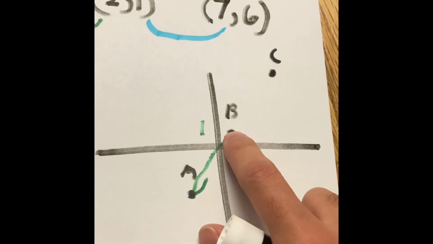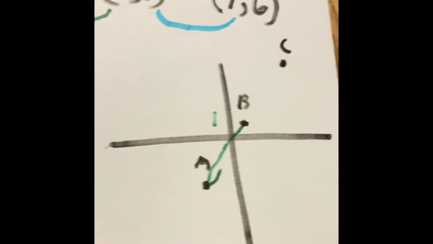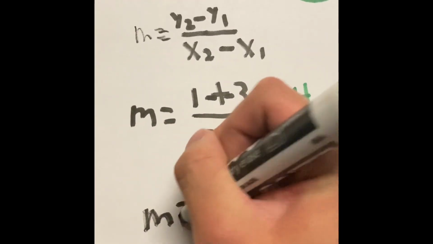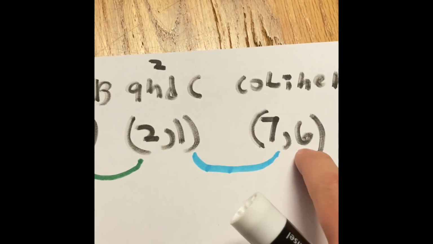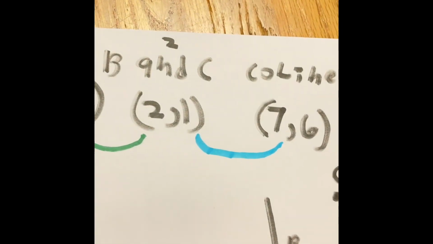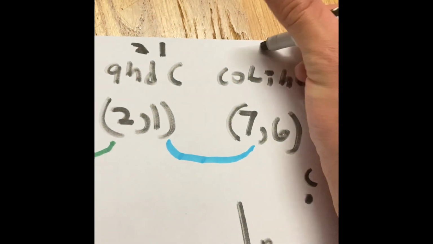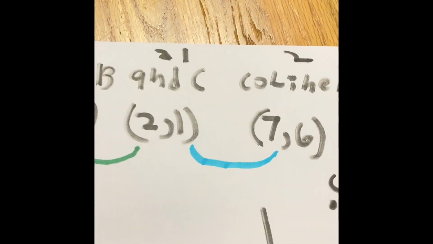Now let's see if the slope of BC is going to be the same. Here's B and here's C. What is the blue slope? I'm going to call this point 1 and this point 2. So here's our first point and our second point.